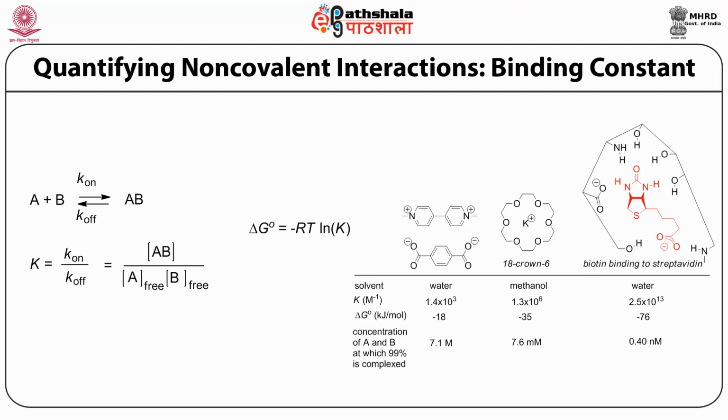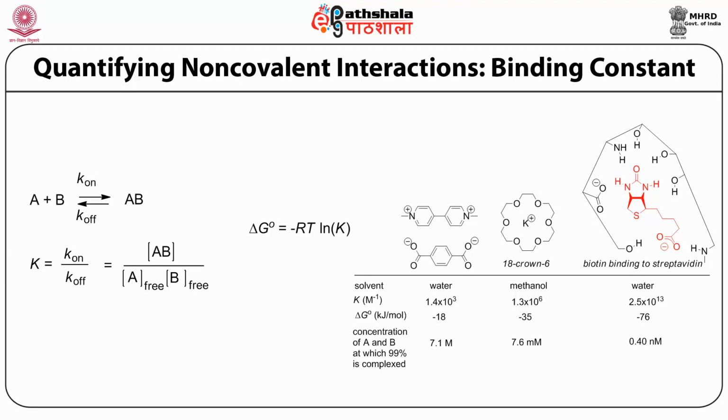If you take the reaction A plus B, which is forming a non-covalent complex or supramolecular complex AB, the forward pathway of that complex formation is given by k_on, and the backward pathway, the dissociation process, is given as k_off.